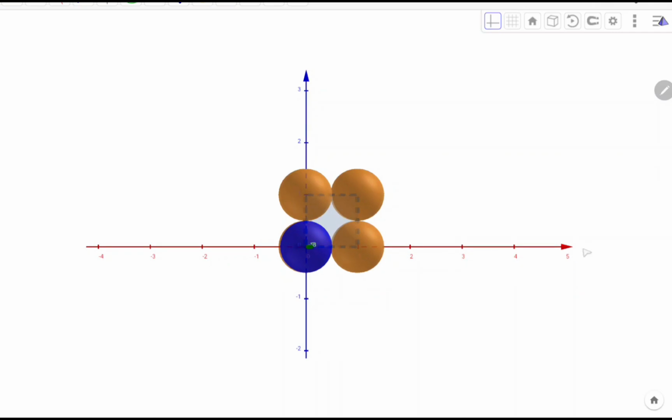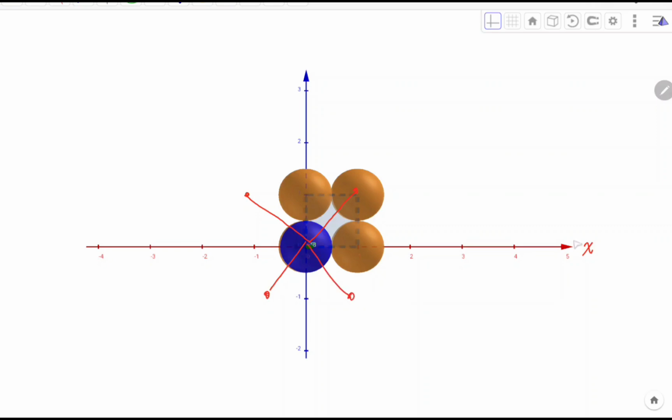Let's assume this is the x-axis, and as we mentioned, this is the first nearest neighbor. Now the second nearest neighbors are in the diagonal, this one here. And another one should be somewhere here, and another one somewhere here, and another one somewhere here.